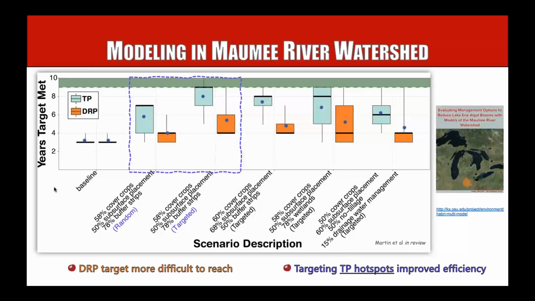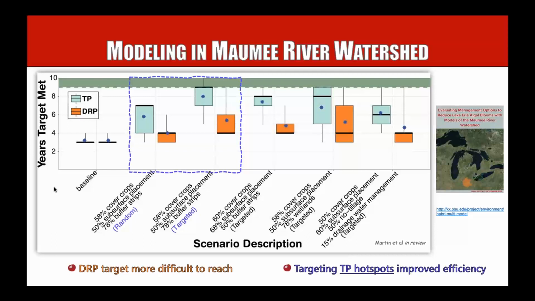The one thing I want to point out that's especially relevant to this project is comparing random application of management to targeted application of management. So these two scenarios you see here, both for TP and DRP, they're identical, except in the scenario to the right, we targeted the application of those practices to areas that were losing the most amount of phosphorus or had the most amount of phosphorus runoff.